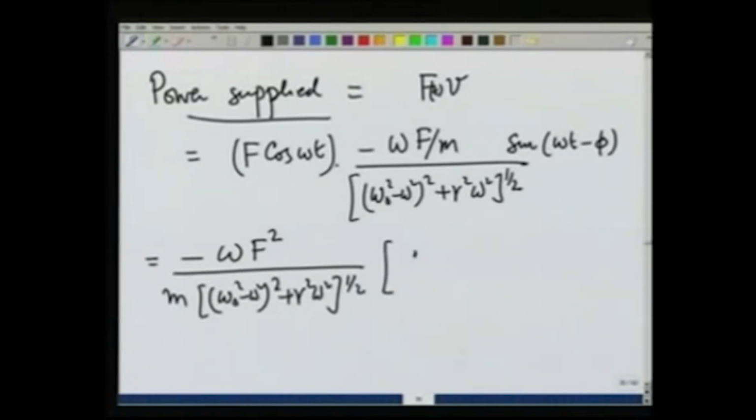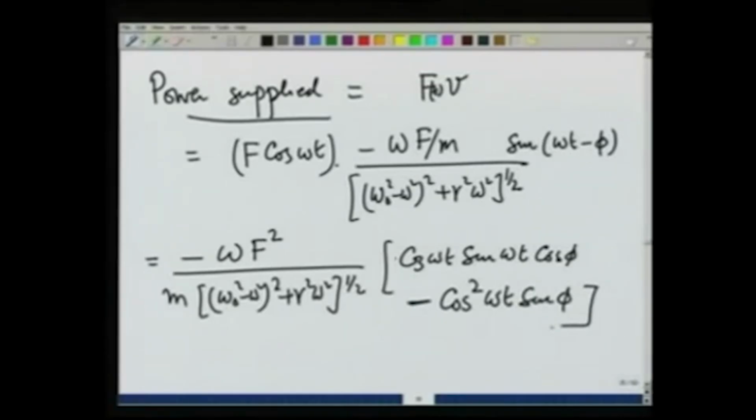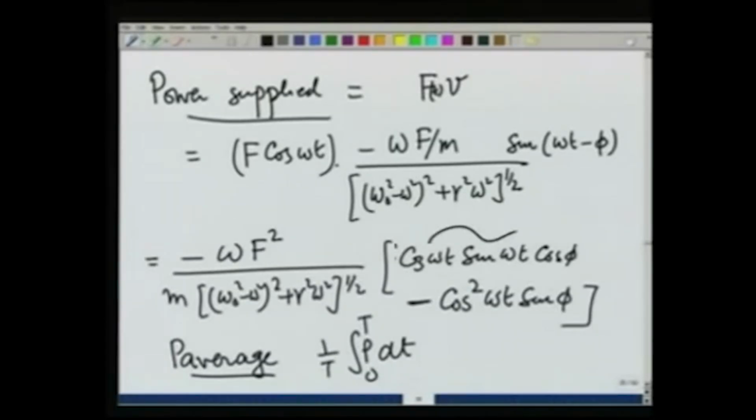Open this up, you get cosine omega t sine omega t cosine phi minus cosine square omega t sine of phi. So, power being supplied is fluctuating, and when I calculate average power, that means I integrate it with time t and divide by t. This term is sine 2 omega t and it is going to give me 0.